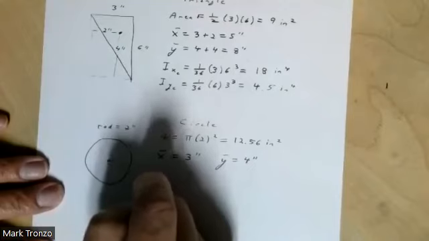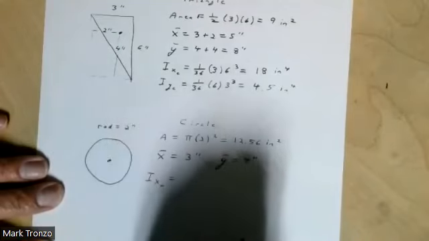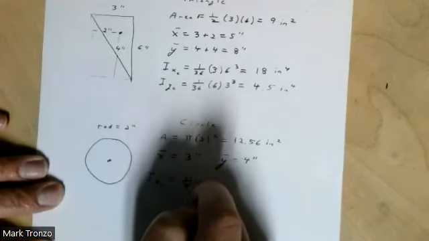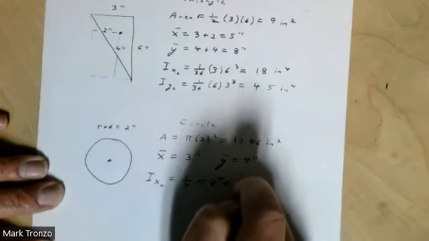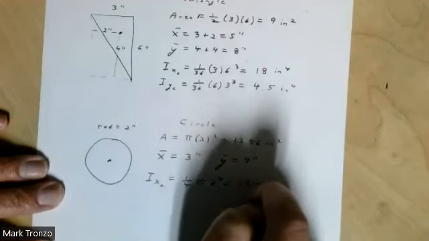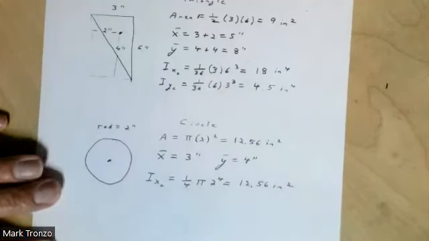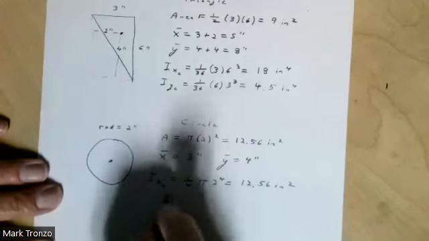And finally, for I_XC, looking at the table in the back of the book, it's 1/4 pi radius to the 4th. And that's 12.56 inches squared. It's just a coincidence that it's the same as here. It's usually not going to be the case.